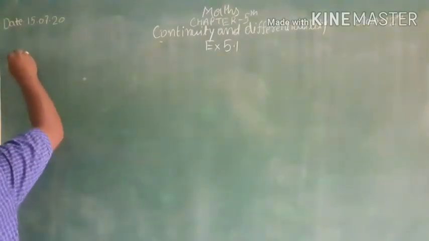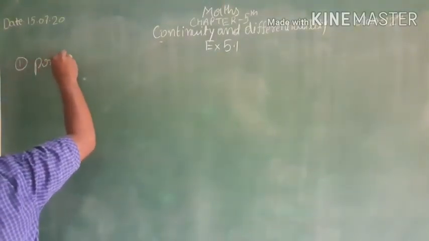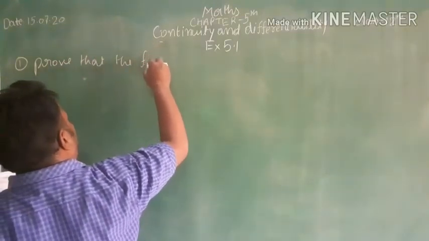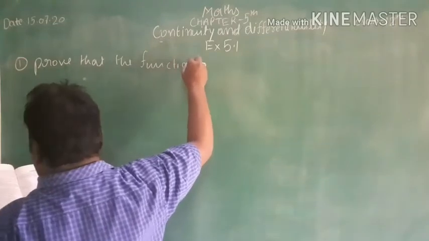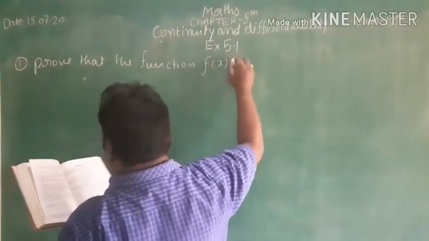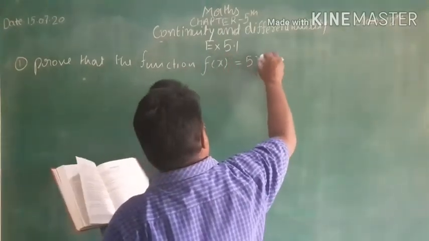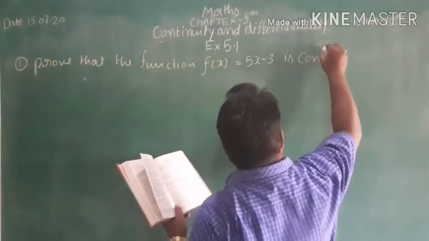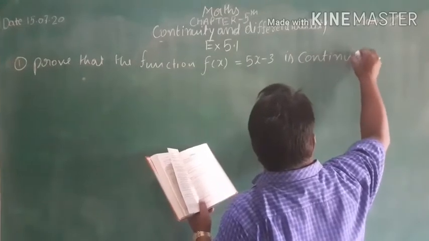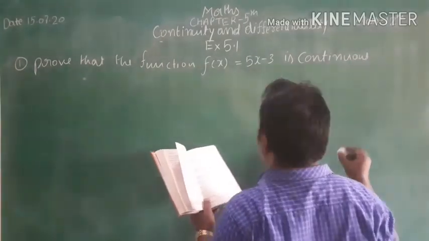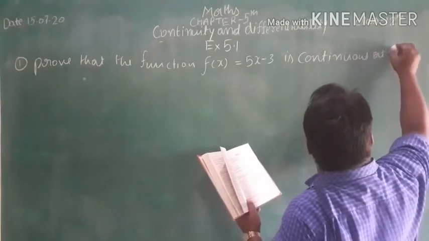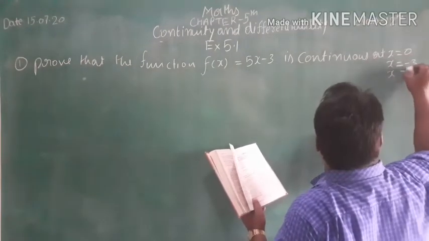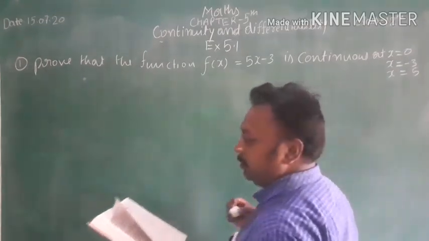First question, prove that the function f(x) equal to 5x minus 3 is continuous at x equal to 0, x equal to minus 3 and x equal to 5.